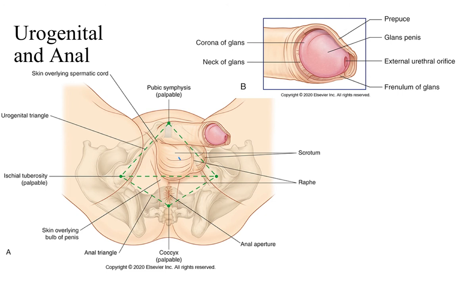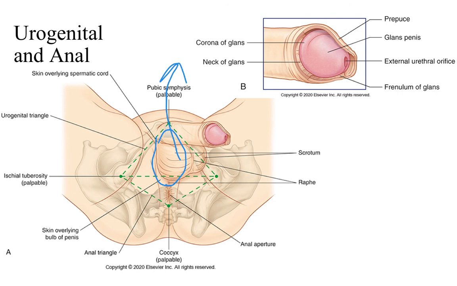Of course, if you were to reflect the scrotal sac back this way along with the penis, you would see the area of skin between the scrotal sac and the anus, which would be clinically referred to as the perineal region, as opposed to the triangles here, which outline the pelvic outlet.